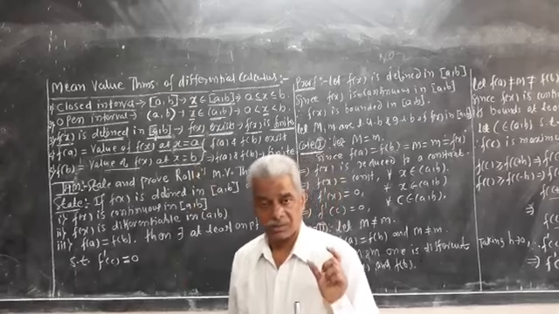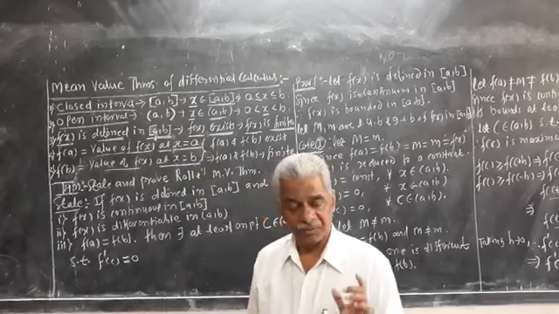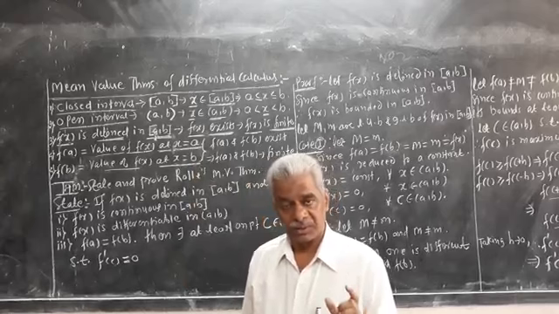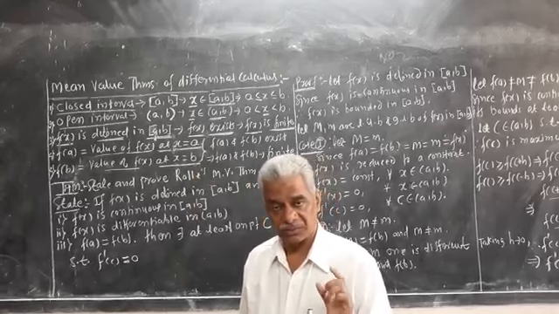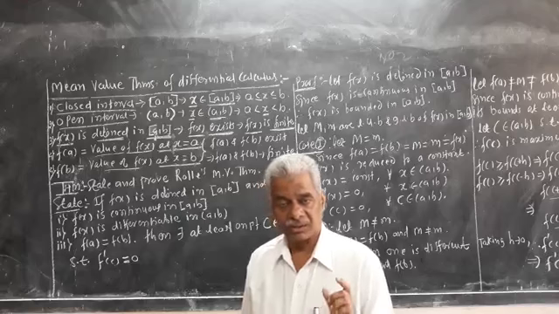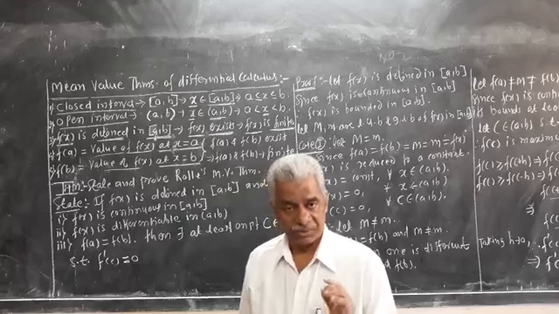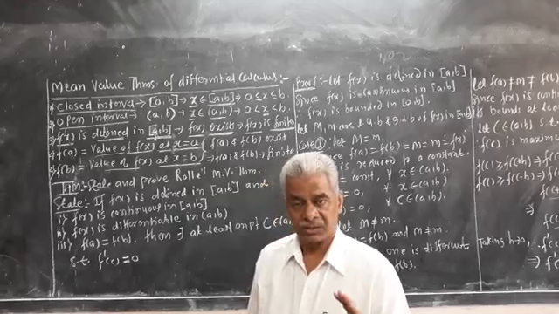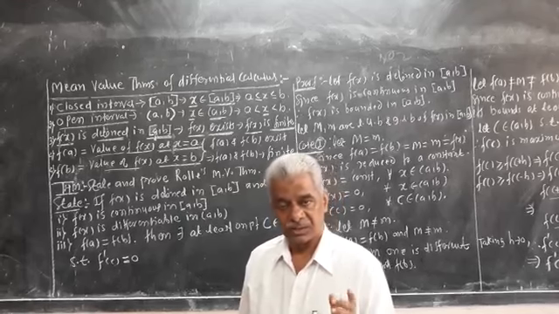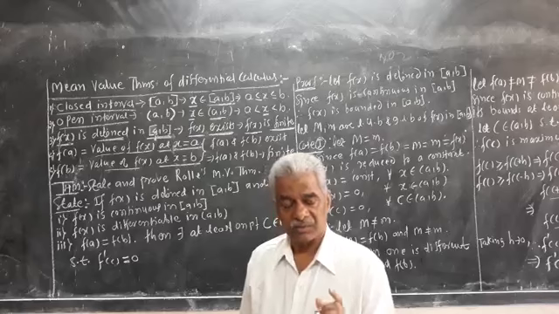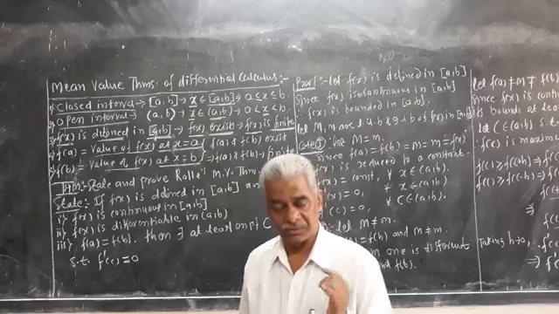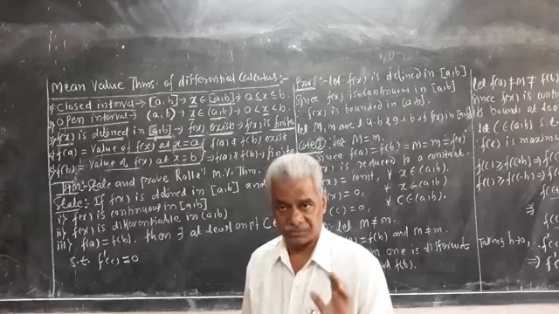And hence f of a, f of b are called values of the function f of x at a and at b, which are obtained by substituting x is equal to a and x is equal to b in a given function.